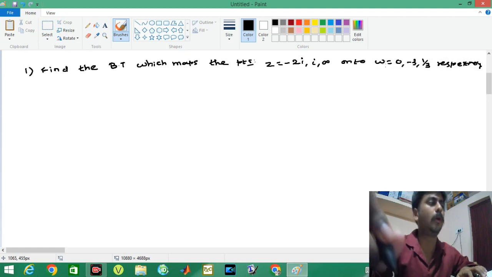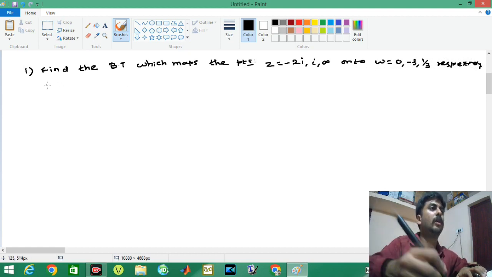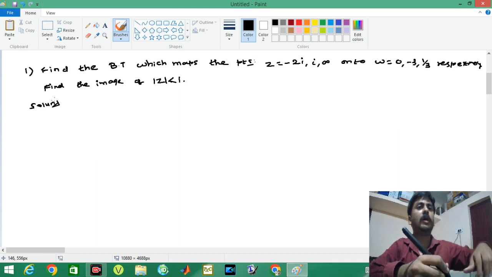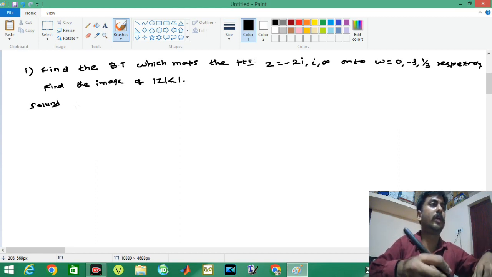Now we also want to find the image of modulus of z less than 1. Solution: the points are given for z and w.